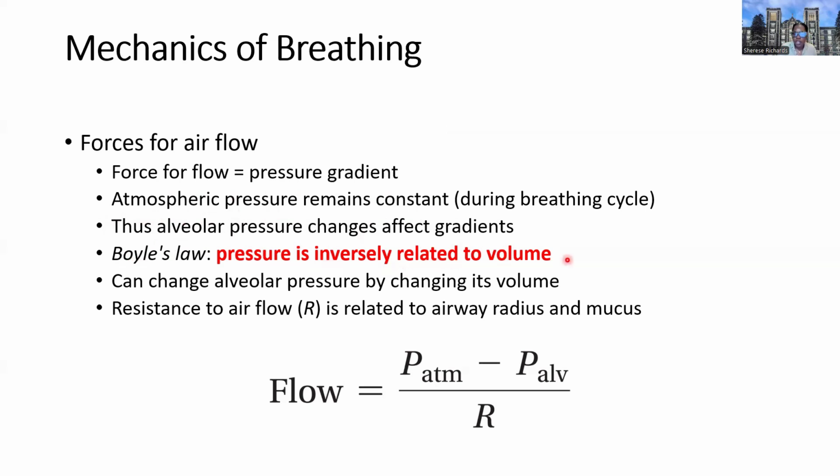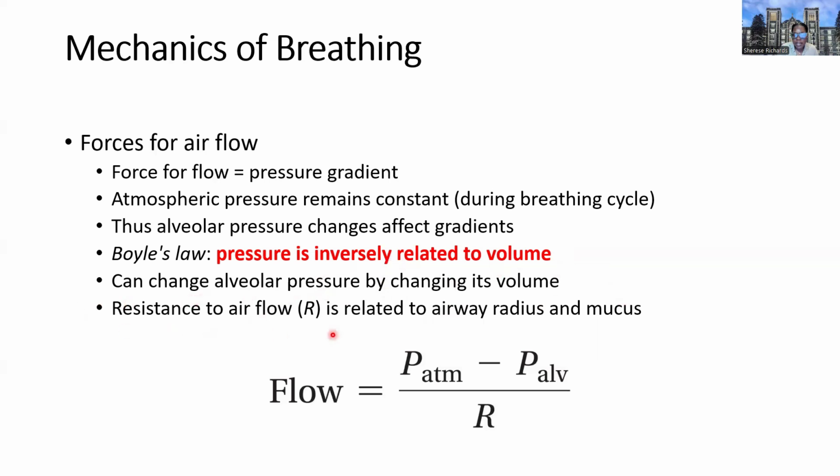When pressure goes up, volume goes down, and when pressure goes down, volume goes up. So we don't have to change the pressure directly. Remember, this is sort of a passive process. Instead, we can change the pressure by first changing the volume.